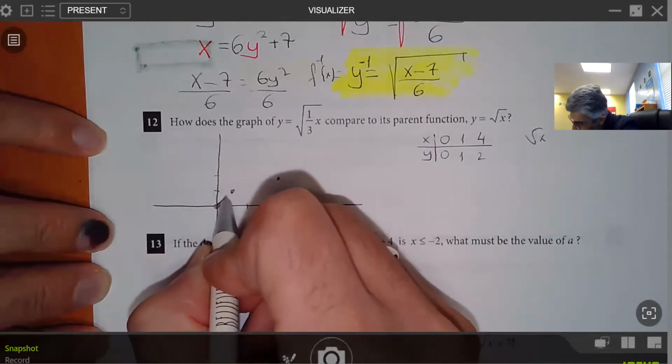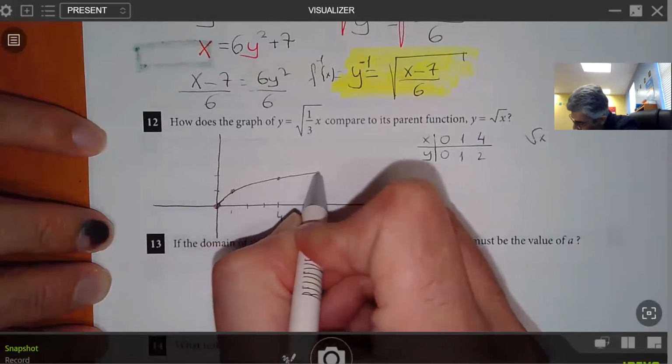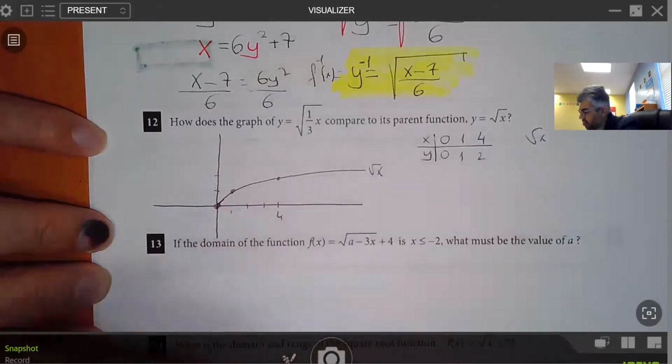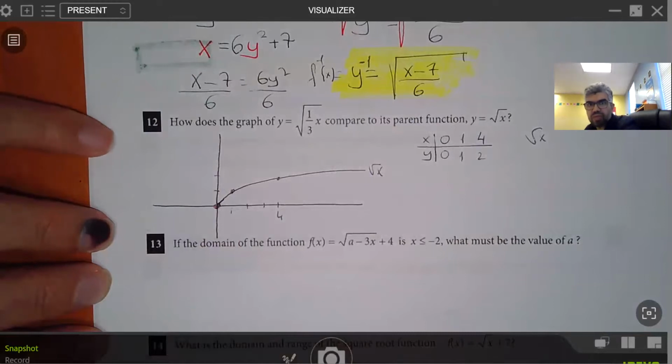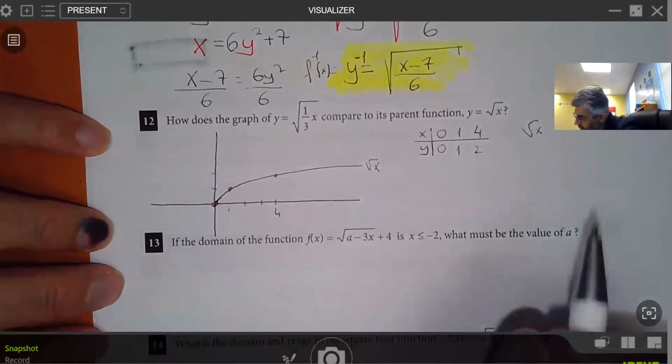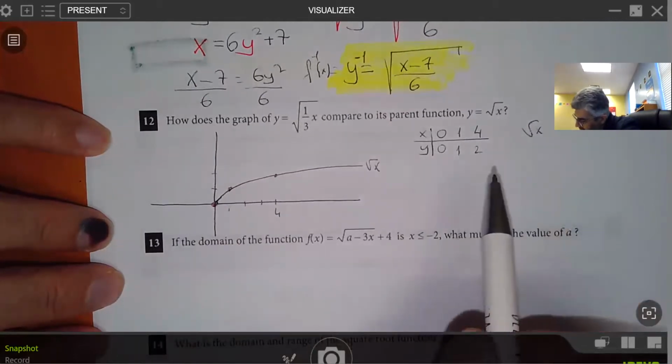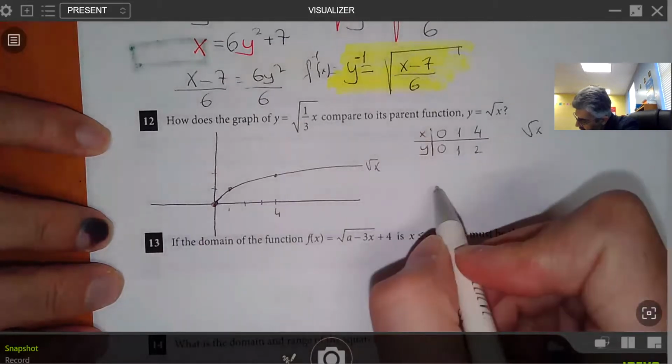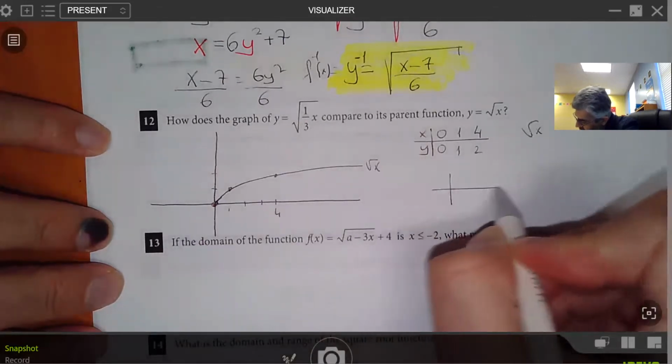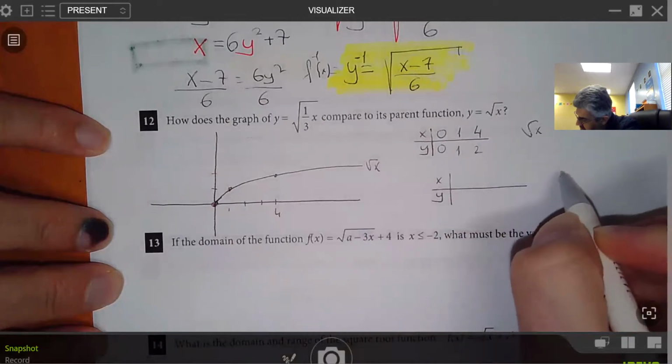This is the graph of square root of x. Of course, normally in a multiple choice question, we don't need to draw the graphs, okay?